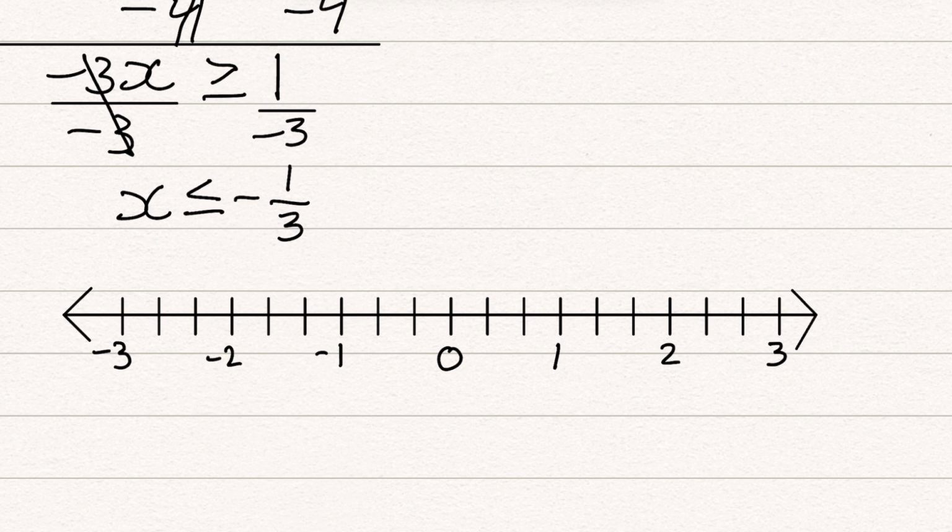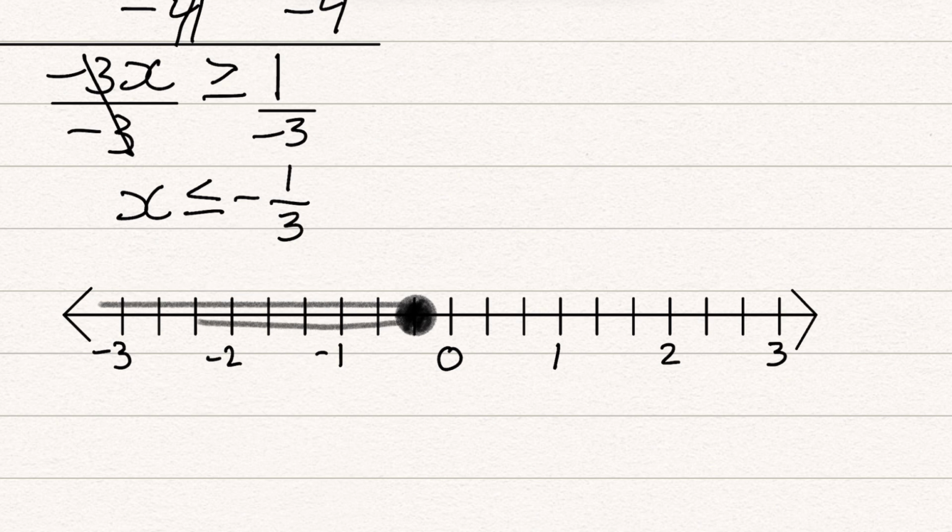All right. So for our graph, we need a point at negative 1/3. That would be right here. And that's "or equal to," so that should be a filled-in point. And we're going to take everything that is less than, so that's everything in this direction.